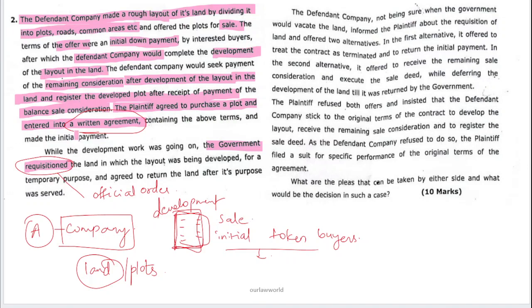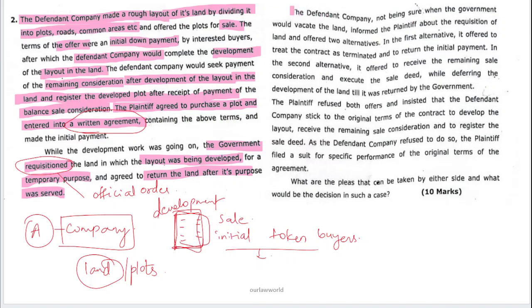So while the development work is going on, and people have paid the token amount, the government has passed an official order stating that this layout which is used for the development by this company will be taken by the government for temporary purpose, and agreed to return the land after the government's purpose was completed. So this is what the government has passed.